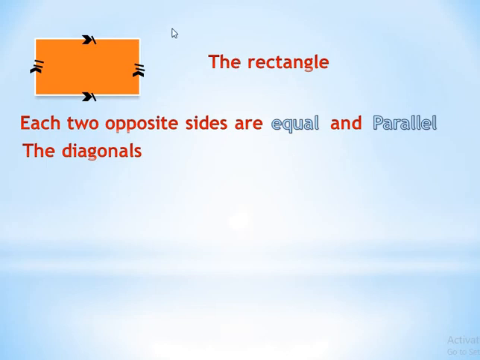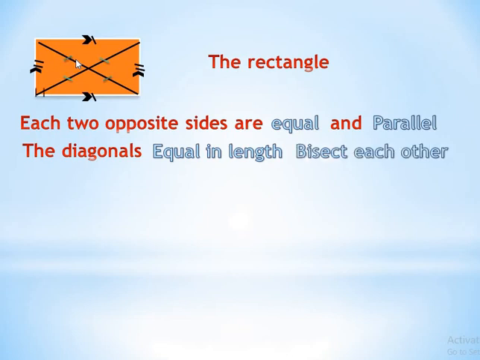Because we have equal angles. This angle equals this angle, equals this angle, equals this angle. If all the angles are equal, the diagonals are equal. So the diagonals in the rectangle are equal, and they also bisect each other.